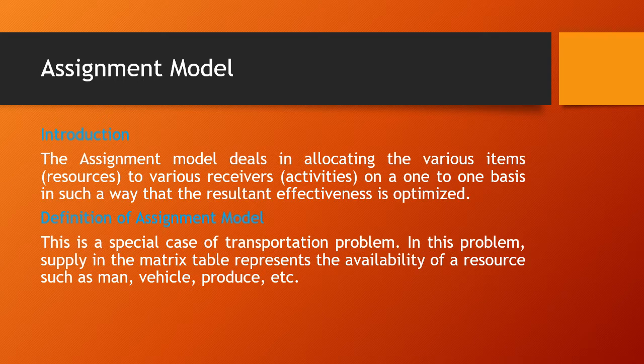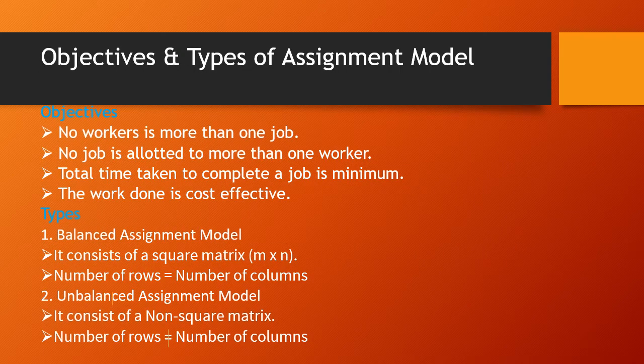Let's look at the definition of the assignment model. It's a special case of the transportation problem. In this problem, supply in the matrix table represents the availability of a resource, such as man, vehicle, produce, and so on.